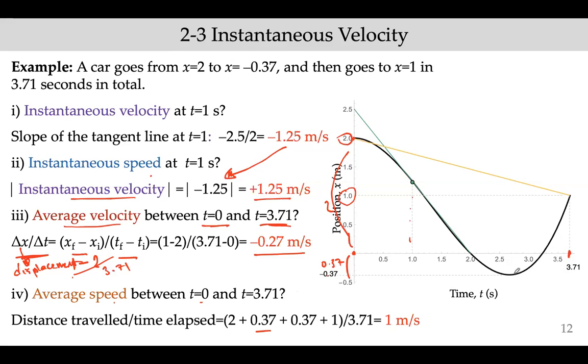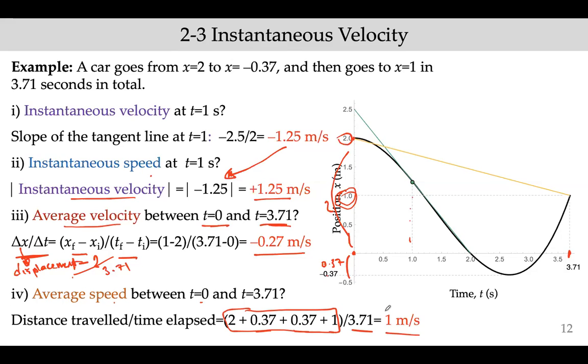And then it goes back to 0, so there's going to be another 0.37. And then from 0, it goes to the final position, which is 1. So you have to add all these numbers and divide by the time. You will find the average speed is 1 meter per second.